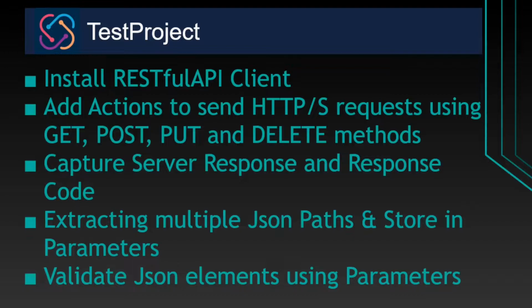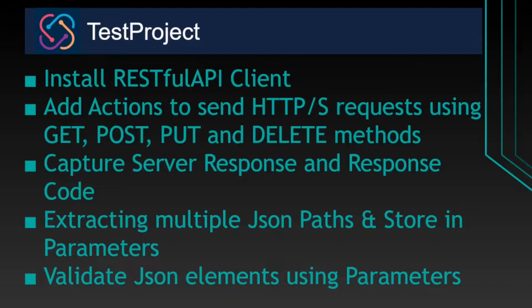While automating one test case, you can capture the output response and the elements, and use those elements from the response in another test case. So I'm going to teach you that.